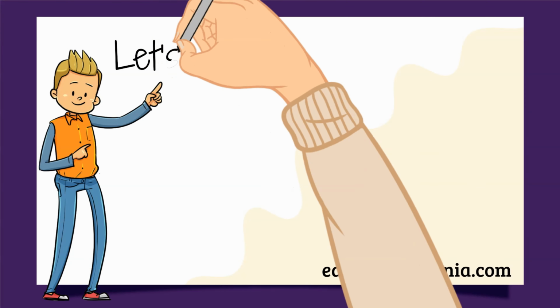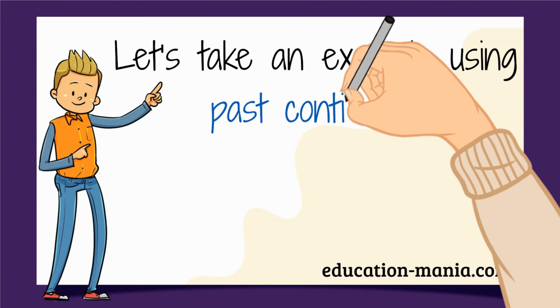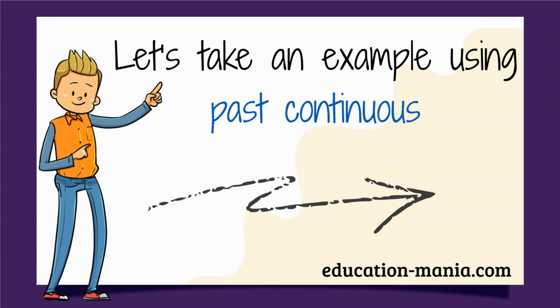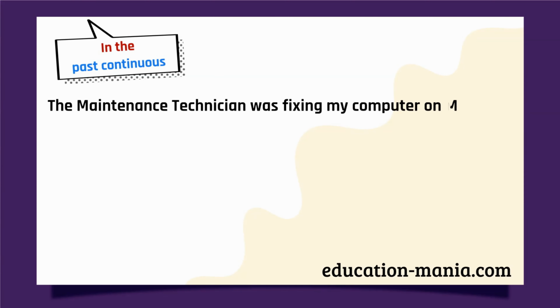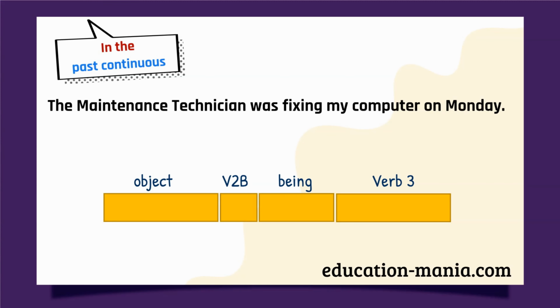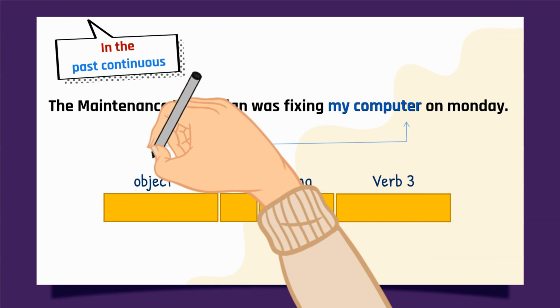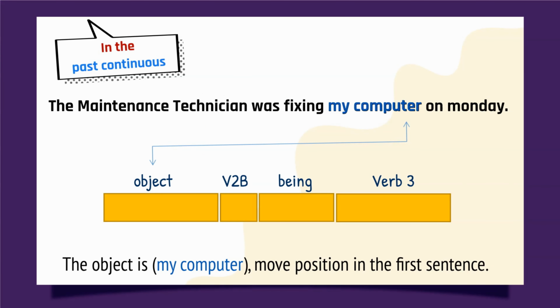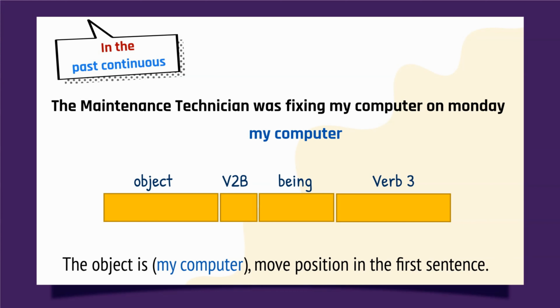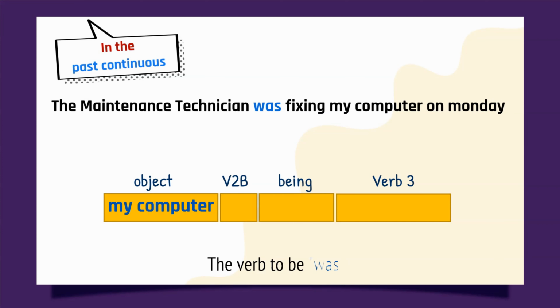Let's take an example using past continuous. The maintenance technician was fixing my computer on Monday. The object is my computer, move it to the first position in the sentence. The verb to be is was.